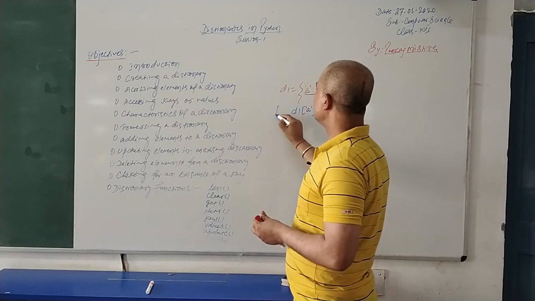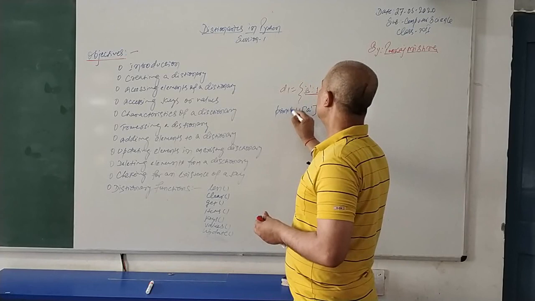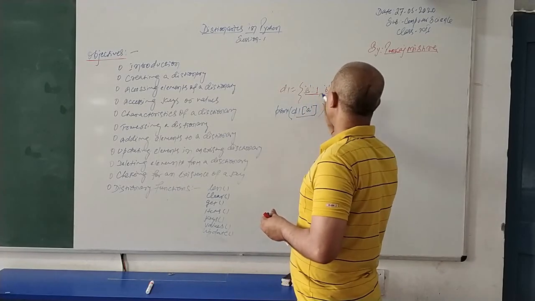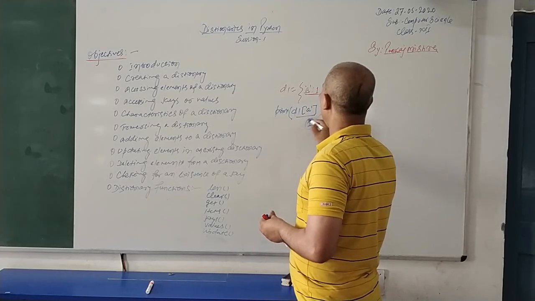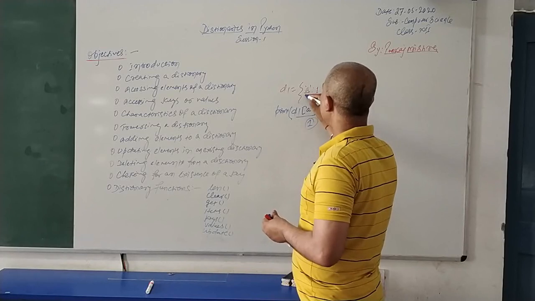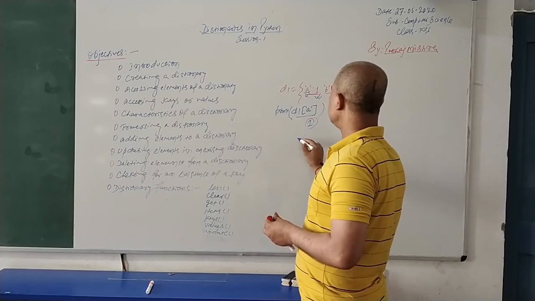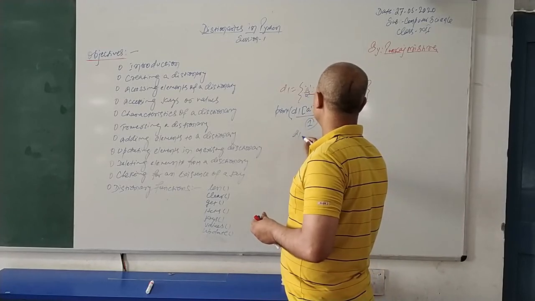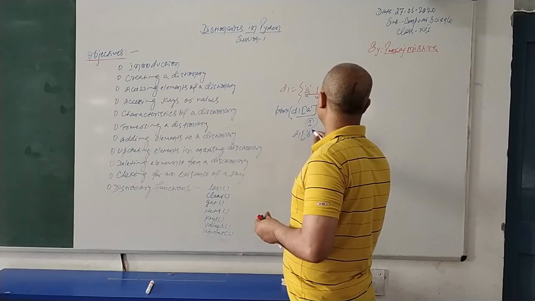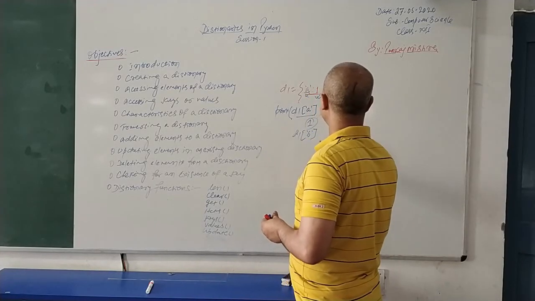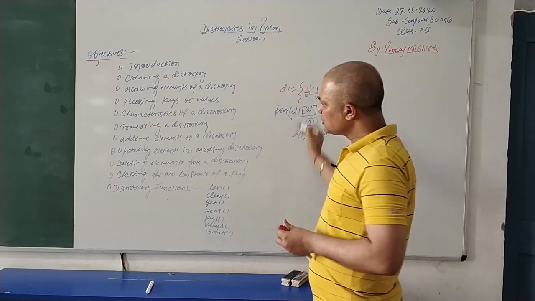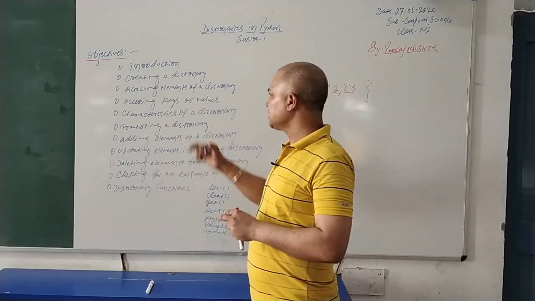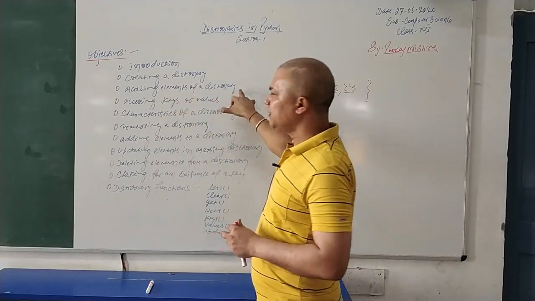So if I use the print command with this, print inside brackets D1 of A, it will give me 1, the element having the key A. Likewise if I say D1 then inside brackets B, it will give me 2 as an output. So this way you can access an element of a dictionary.